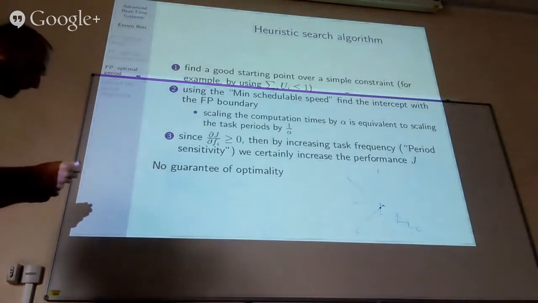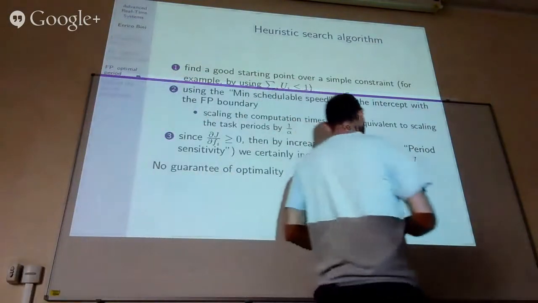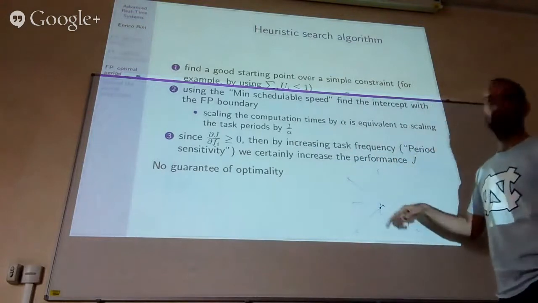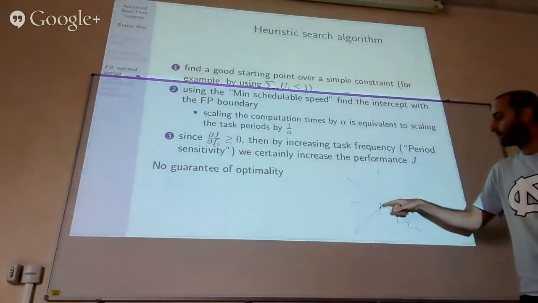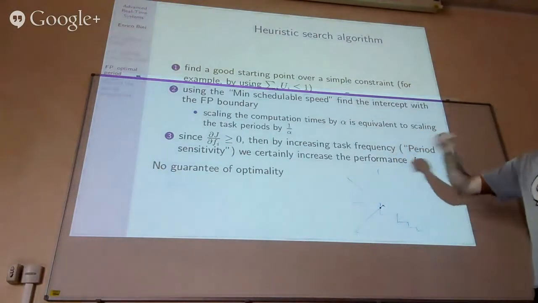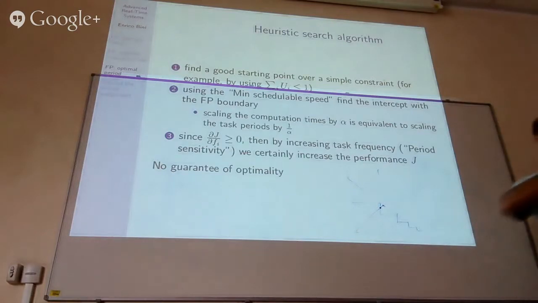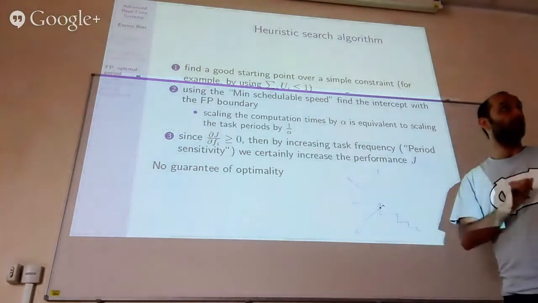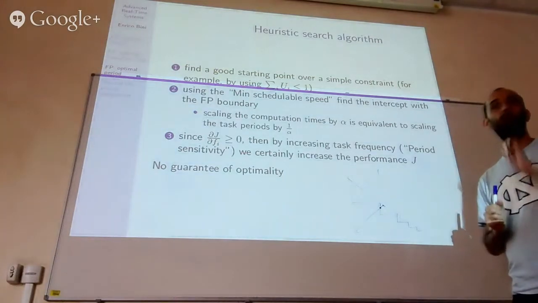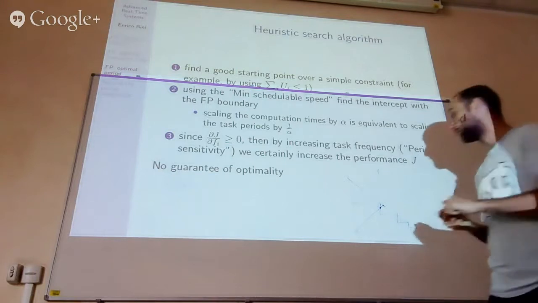Then, since we have the property that by increasing any frequency we can only increase the performance, by using the period sensitivity, that strange method I explained in the last class, from this point we can search for the amount of period decrease or frequency increase which is tolerable keeping feasibility.